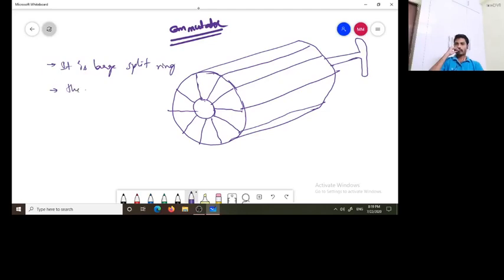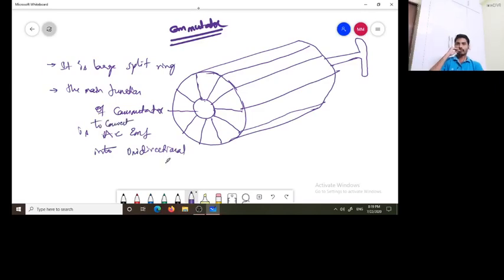The main function of a commutator is to convert AC EMF into unidirectional EMF or unidirectional current. This is the purpose of a commutator. It is also called a mechanical rectifier. Why is it called a mechanical rectifier?